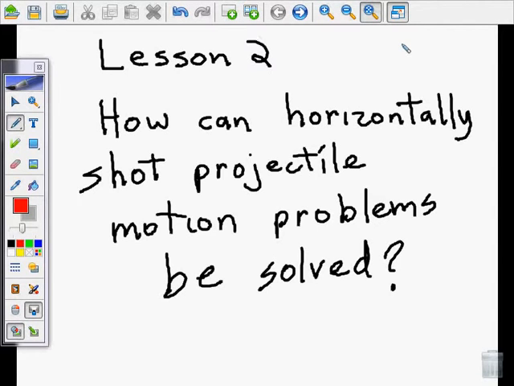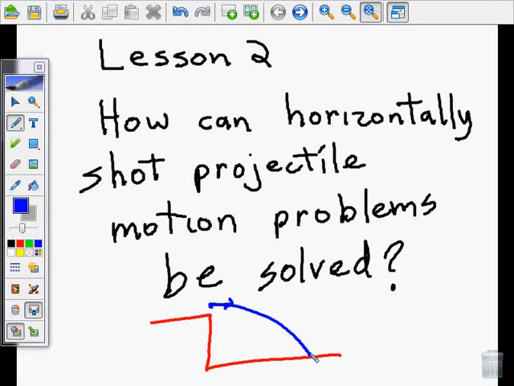It's cool. Basically, if you're up on a cliff and you throw a stone horizontally, the stone is going to follow that parabolic trajectory.